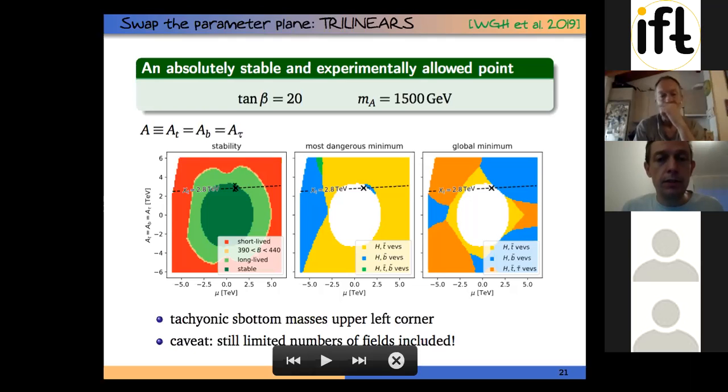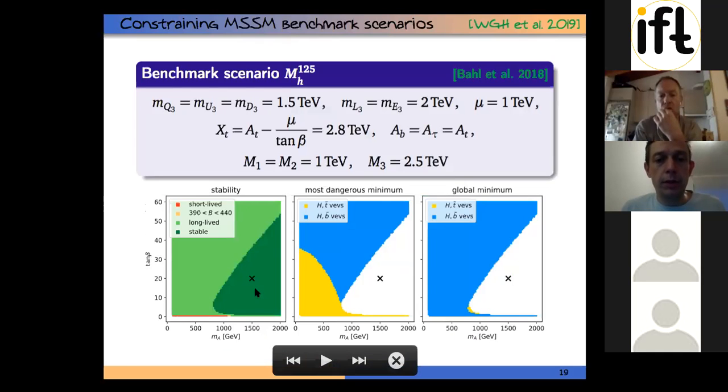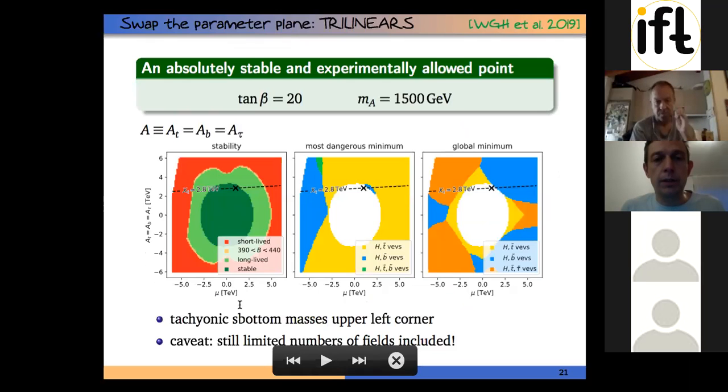This black cross is the point we selected. And surprisingly, this point is very close to the edge between long-lived and stable. So before we were in the middle of a stable region in the MA tangent beta plane. Now we swap the planes and we are suddenly at the corner.